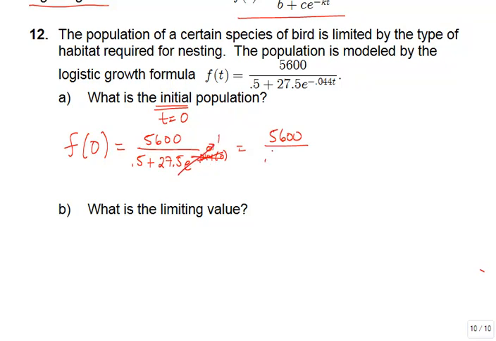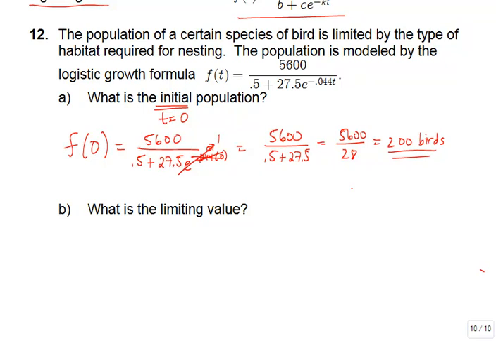So in the denominator, we're just going to get 0.5 plus 27.5 times 1, which is 5600 divided by 28, and that is 200. So what did we just find out? This was the population of a species of bird. So at time 0, or the initial population, I start off with 200 birds.